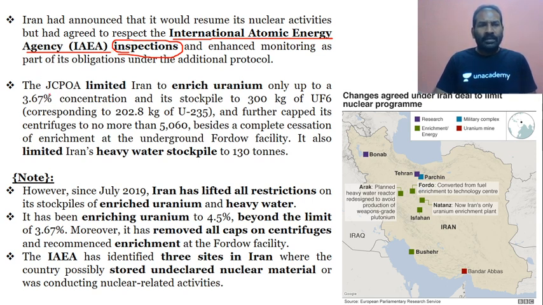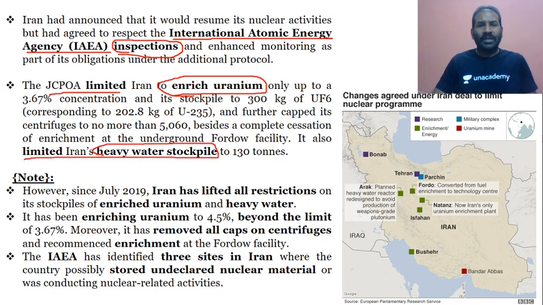And the Iran nuclear deal has limited Iran from enriching uranium, because once you enrich uranium, you can go ahead with nuclear activities or nuclear tests. So by the Iran nuclear deal, Iran has accepted that it will not enrich uranium, and Iran's heavy water stockpile would be limited.